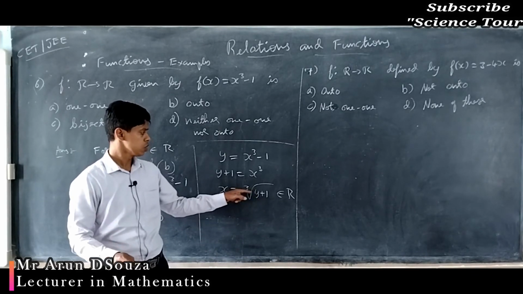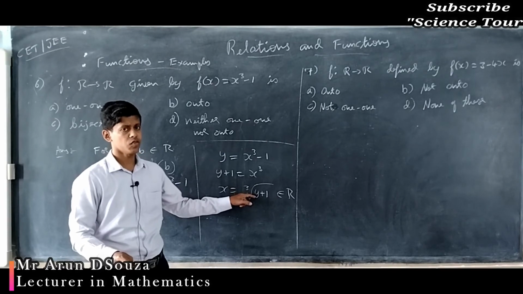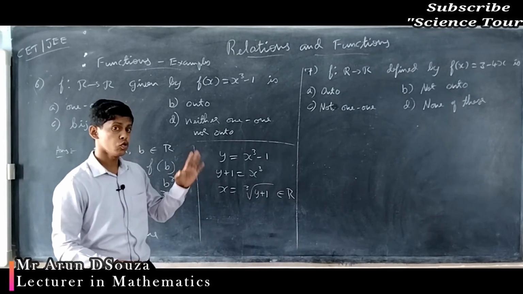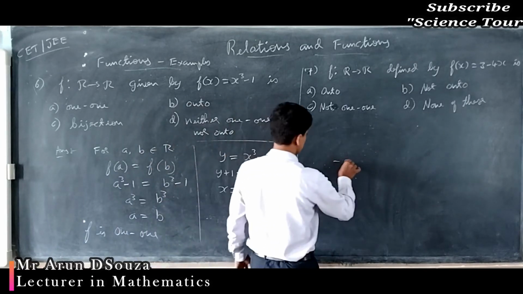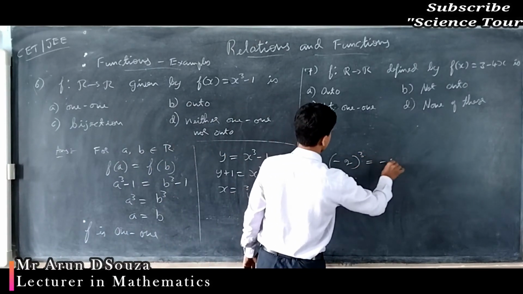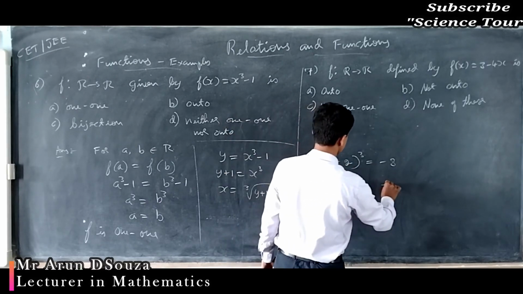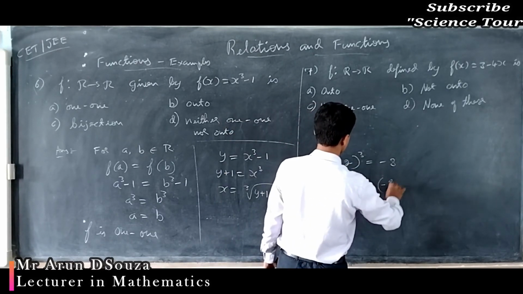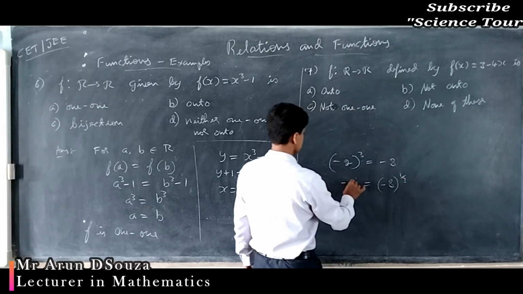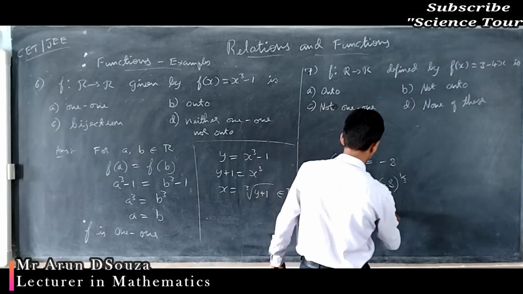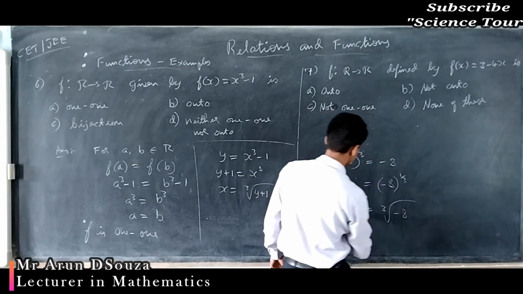Why? Because you can have negatives also. Cube root of negatives exist, correct? So what is cube root of minus 8? It is minus 2, because minus 2 whole cube is minus 8. Minus 2 into minus 2 into minus 2. So minus 8 to the power 1 by 3 is minus 2.